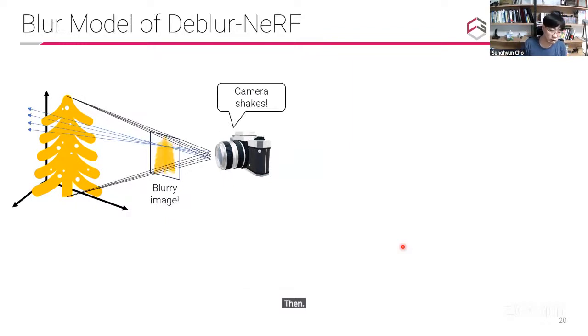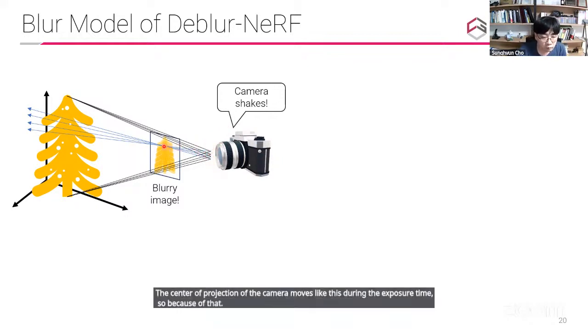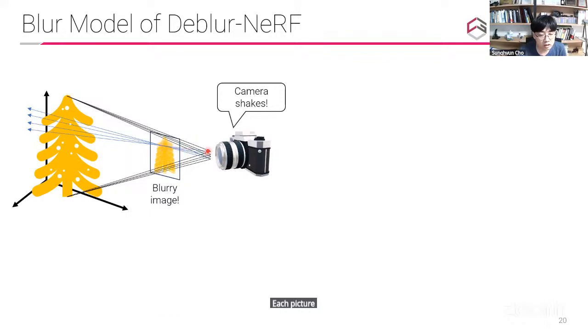Then what about when we have blurry images? This figure describes how a blurred image is captured in the real world. When there is camera motion or camera shake, the center of projection of the camera moves like this during the exposure time. Because of that, for each pixel position, we have multiple rays coming from different positions like this.